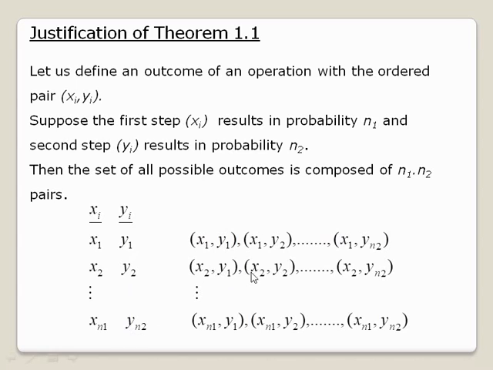The second line shows you all possible pairs. If we continue it up to xn1, finally xn1 also can combine with either y1, y2, y3 or all the way up to yn2. So the last line shows the combinations of xn1 with all of the yi. So if you combine all these pairs, at the end there will be n1 times n2 number of possible pairs.